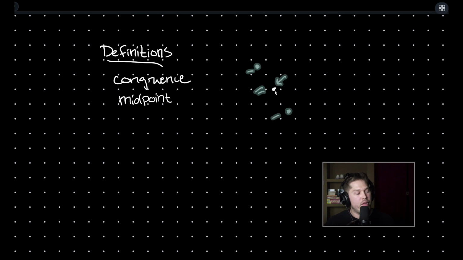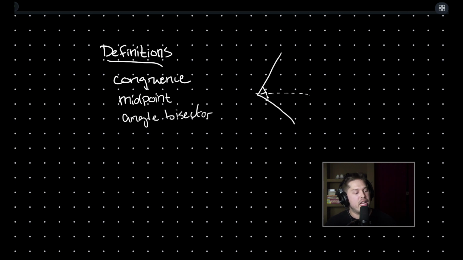What else could we have? Well, we could have the definition of an angle bisector. What's an angle bisector? Well, given some angle, if you have an angle bisector, that means it cuts the angle in half. So these two parts would be equivalent to one another. That's the definition of an angle bisector.